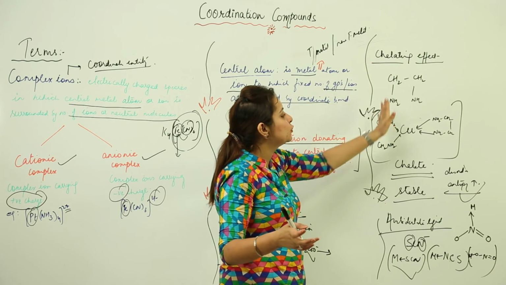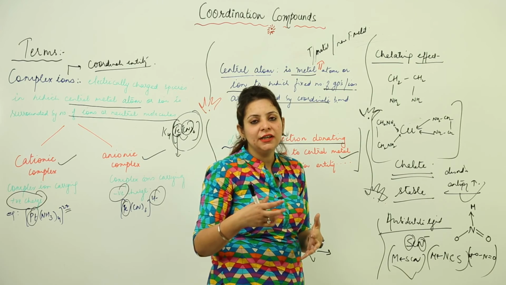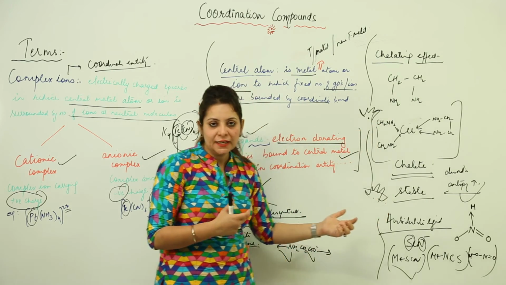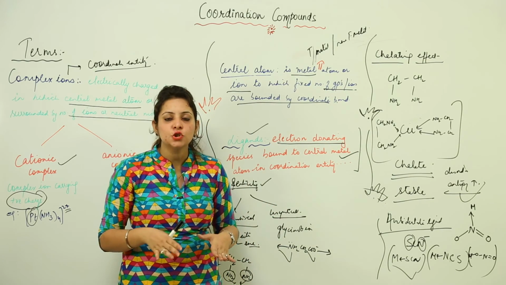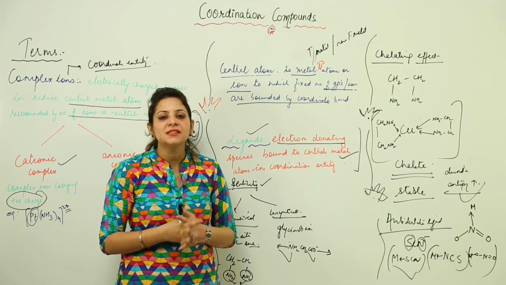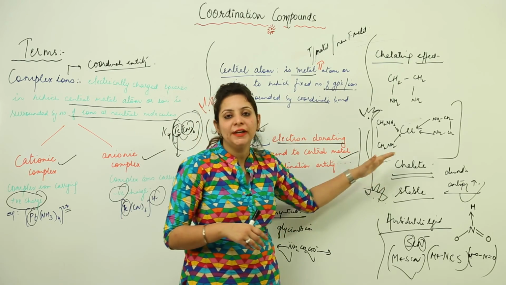So what happens, it leads to the formation of ring like structure, and it is more stable than the unidentate linked to the central metal atom or a bidentate one. The reason being it leads to formation of ring like structure, more disorder, more entropy, more randomness, and it is a favorable condition, right? So due to chelate effect, it is very stable.